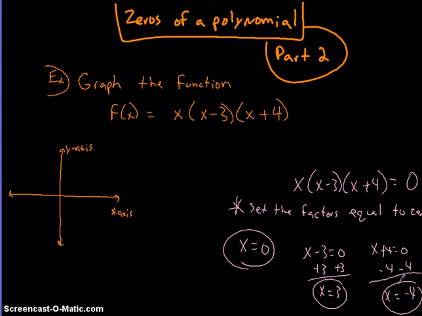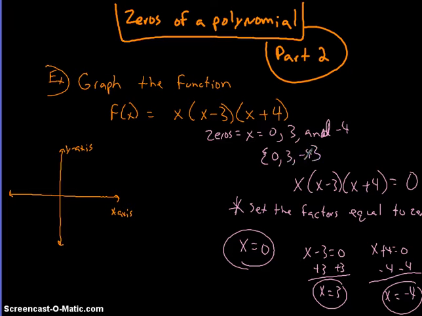The zeros are x equals 0, 3, and negative 4. A lot of times, this is represented as a set. So you may write the set of numbers 0, 3, and negative 4.